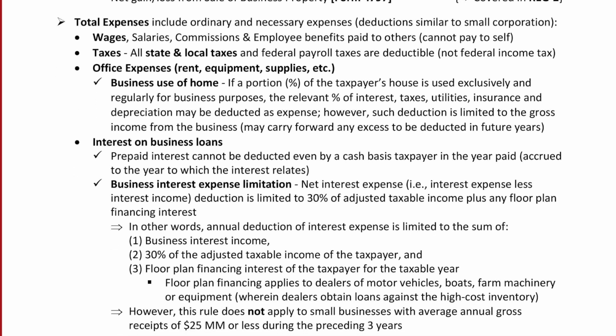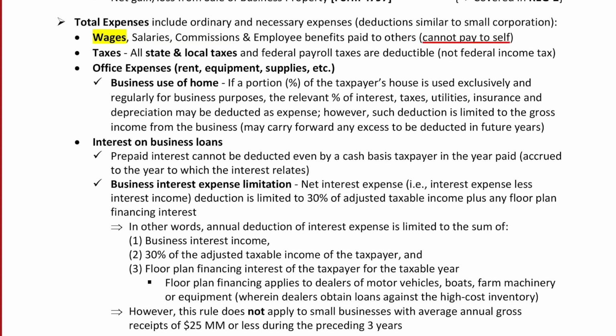Now moving down on this page, the third bullet, we have total expenses, which include ordinary and necessary business expenses. The first one there, highlight, wages. So that's wages, salaries, commissions, and employee benefits paid to others. But underline, cannot pay to self.